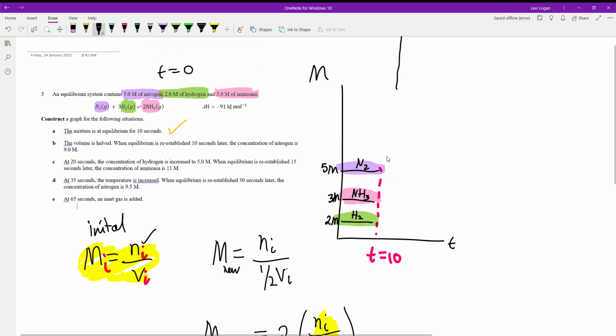So the hydrogen is going to go to 4, so there'll be a spike here at 4 molarity, and it will start to change eventually as well. So that's at 4 for the hydrogen. The ammonia is going to go up to 6, so that's going to spike up here to 6 molarity. So that's your ammonia. Let's just write that there.